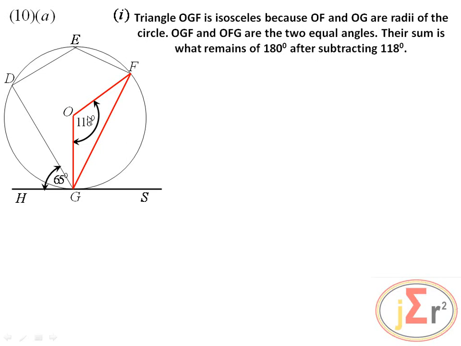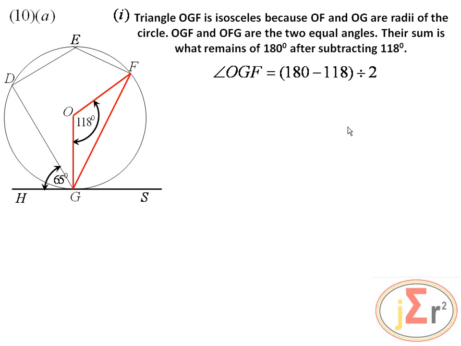All angles in a triangle add to give 180 degrees. Therefore, when we subtract this 118 degrees from 180, the remainder is to be shared equally between this angle and this one, because this triangle is isosceles.